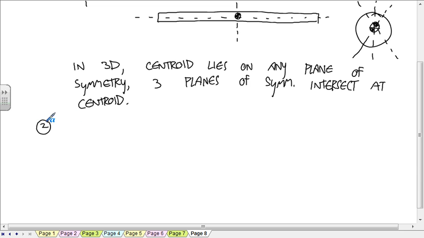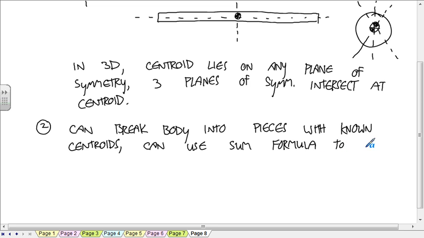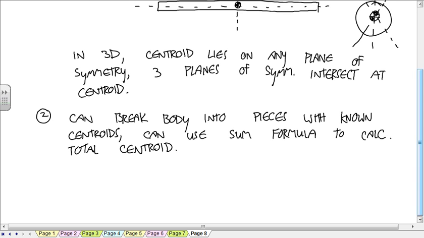So this second useful fact is if you can break a body up into pieces with known centroids, you can use the sum formula to calculate the total centroid. And the sum formula looks like this.